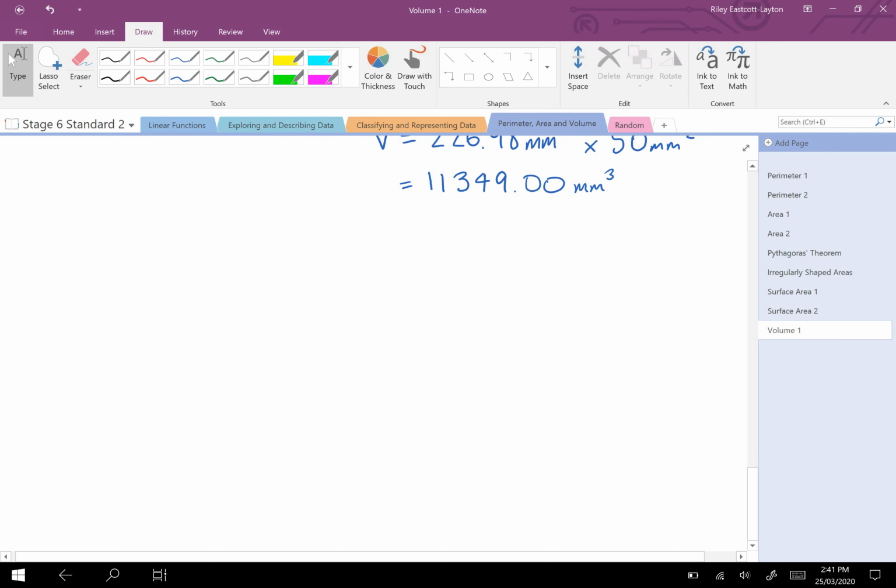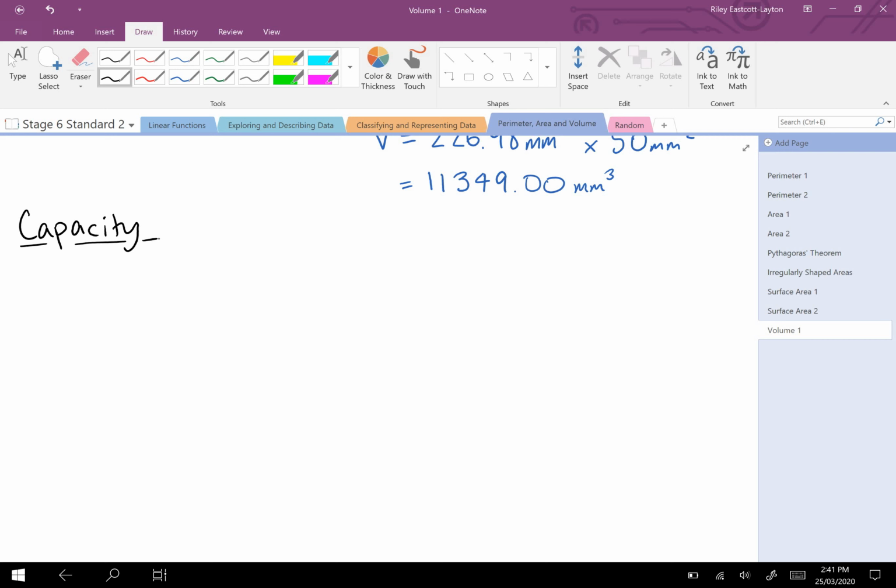Now the next thing that volume leads itself toward is the idea of capacity, and it will be our next subheading, capacity. So when we're talking about capacity, typically we're talking about holding stuff, in particular liquids.